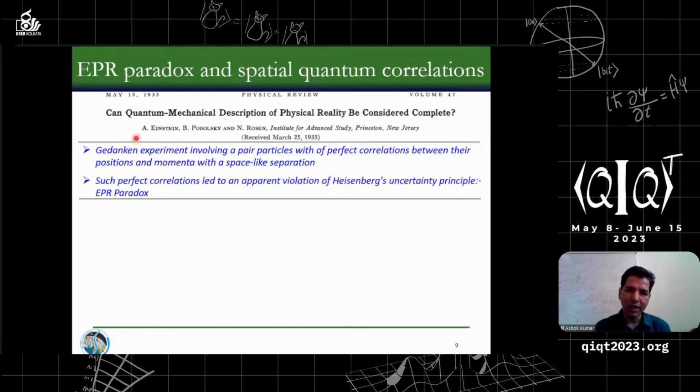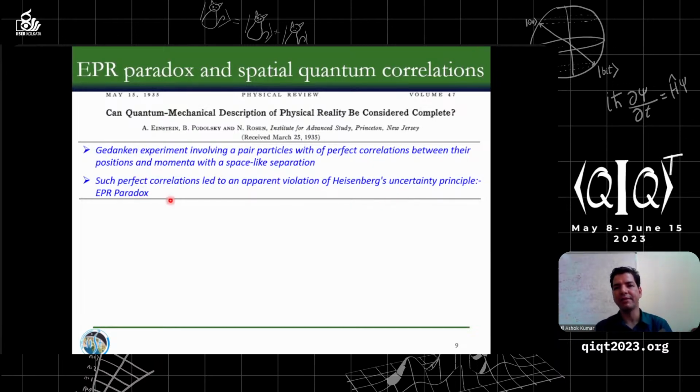If you do the quantum mechanical calculation for this kind of scenario, what they found is that it appears to violate the Heisenberg uncertainty principle, which is basically the EPR paradox.